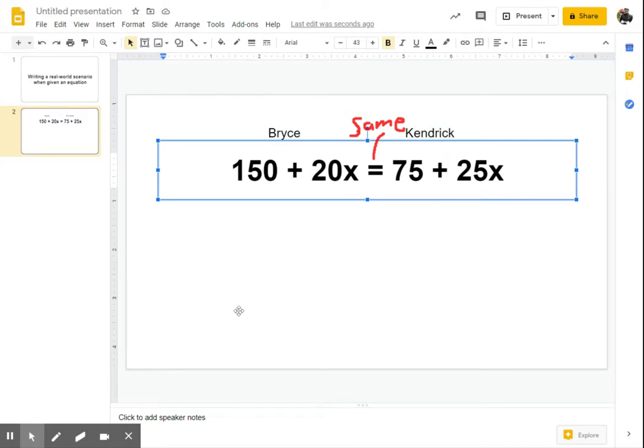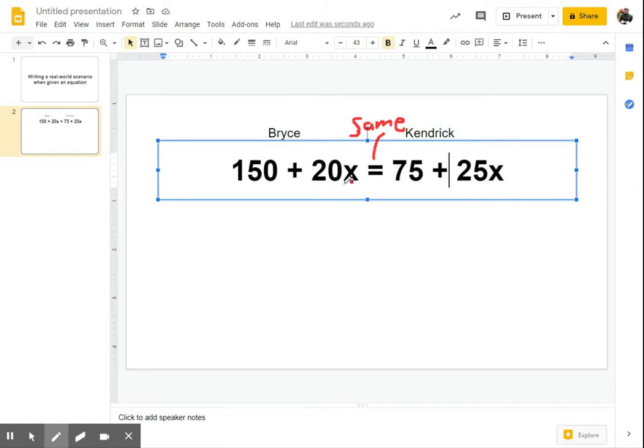And so the next thing I want to do is really understand that where I see my variable attached to my coefficient, that means I'm multiplying, right? I'm multiplying my variable, that x times 20 on Bryce's side, or the left side, and I'm multiplying my variable, that x times 25 on the right side, or on Kendrick's side.